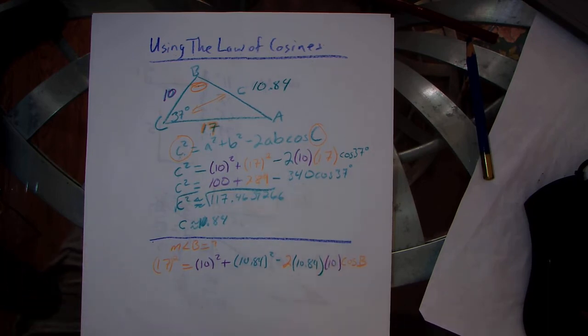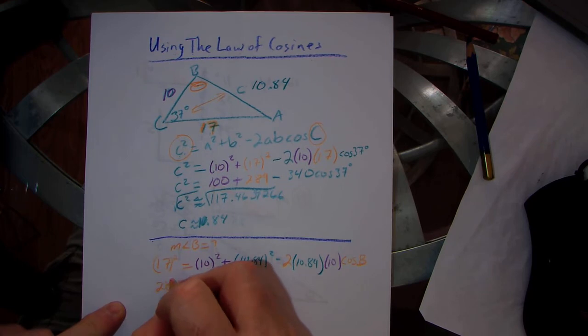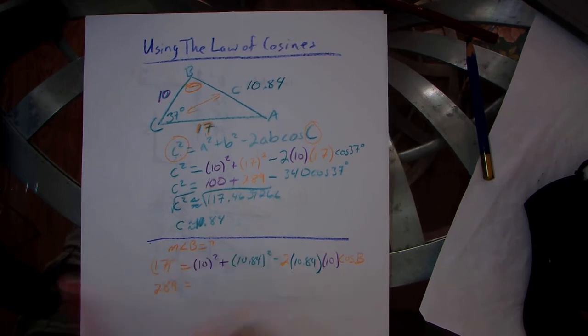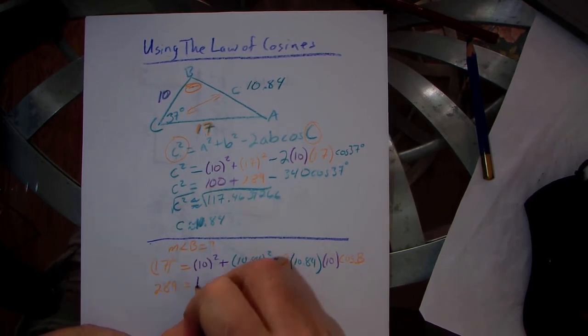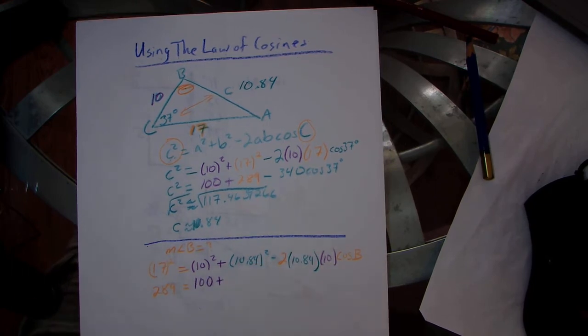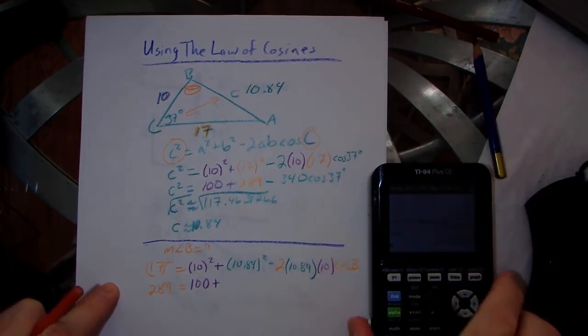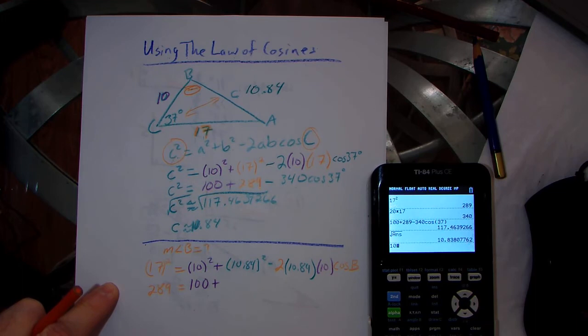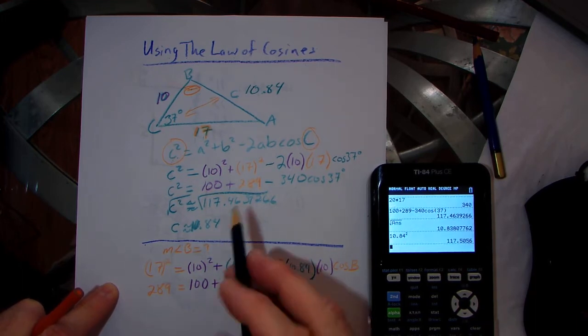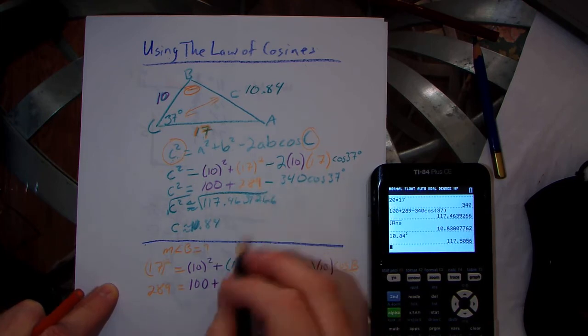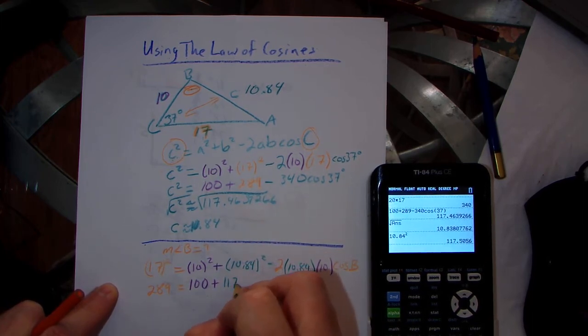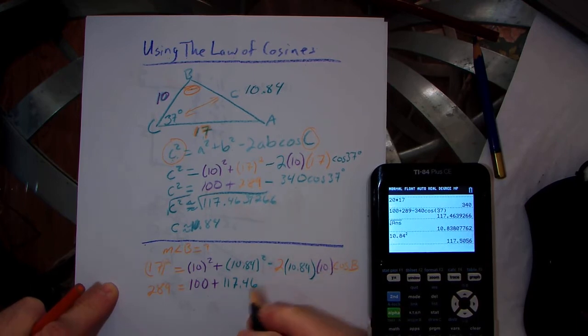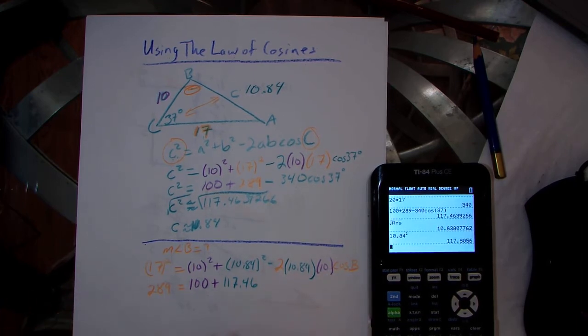So now we're going to just crunch our numbers. This is 289 equals 100 plus 10.84 squared. Oh, should have known that. It was right there. 117.46. We're going to go ahead and leave that in the hundredths place. It's rounded, so it's fine.